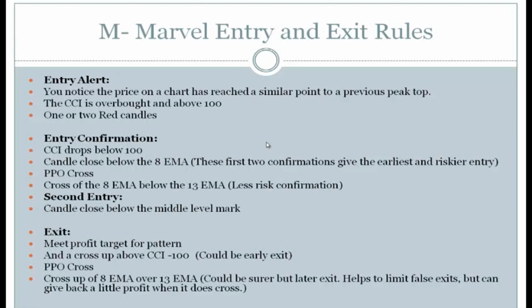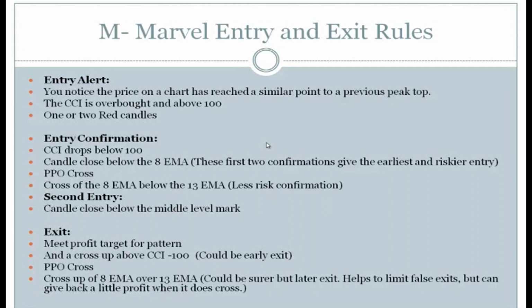That in the last strategy we were talking about 8 and 13 EMAs being a cross for entry and exits. So the M and the W is a different pattern that your eye can pick out, but it's using some of the same elements from the earlier strategies.